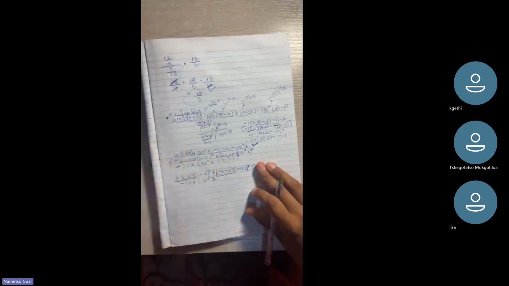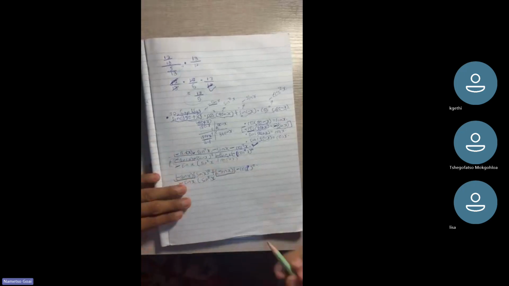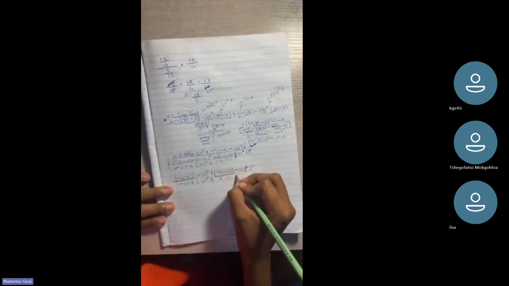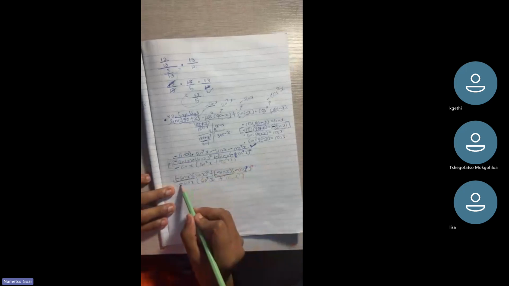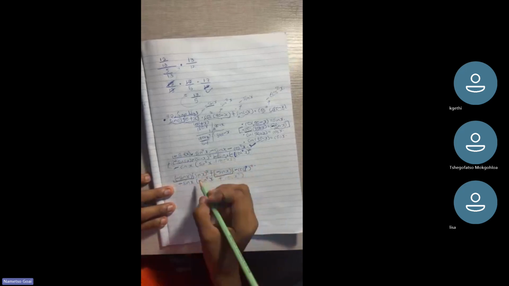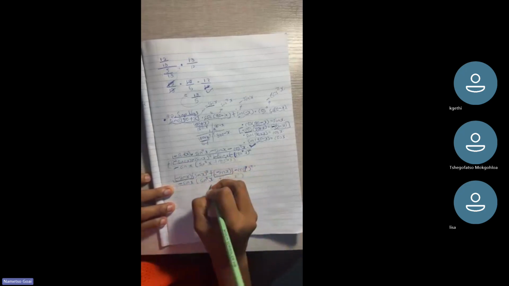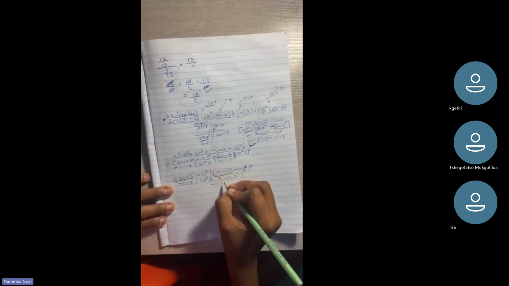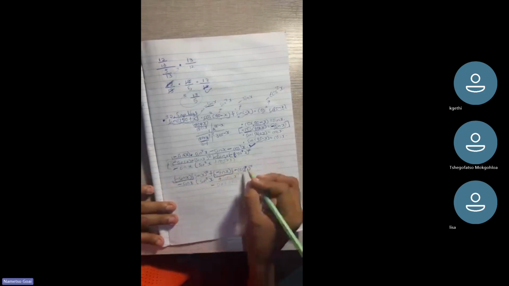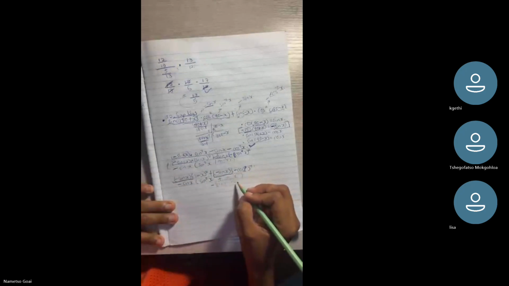Now, if we factor out negative sine x from this, we will be left with positive cos x squared. The reason is, if you take this negative sine x and multiply it with this, it's eventually going to give you negative sine x cos squared x, which is what you have over here. Do you guys see it?